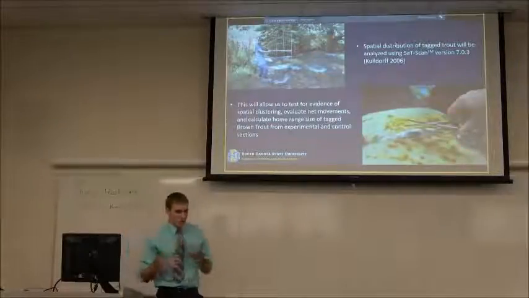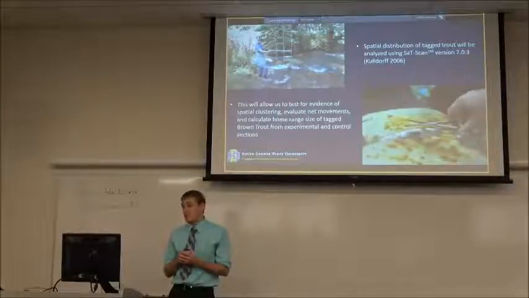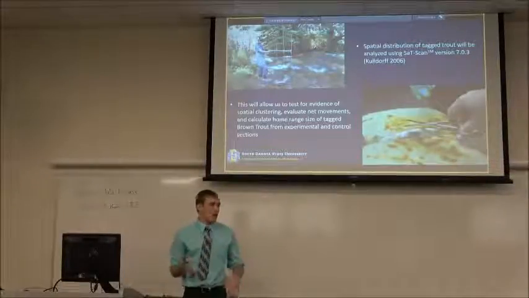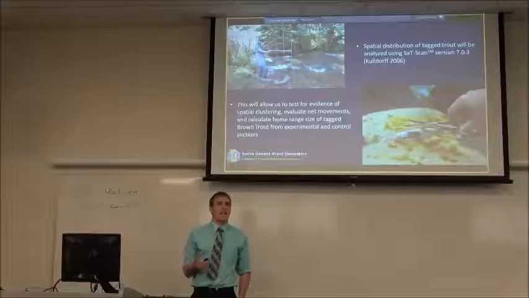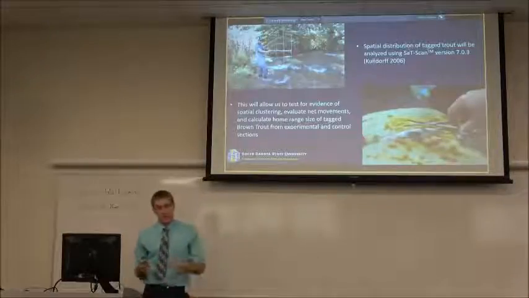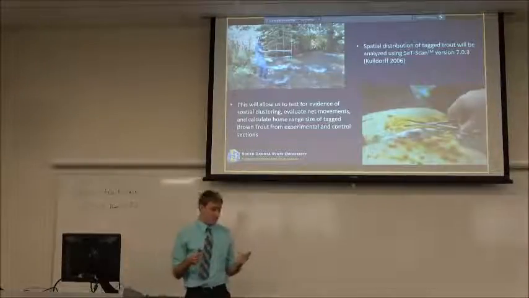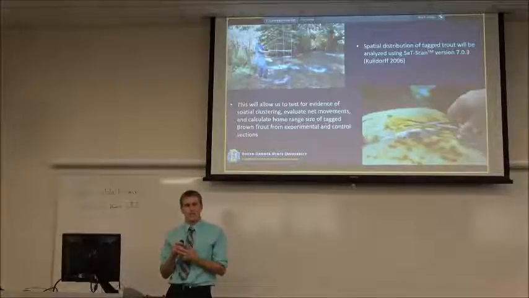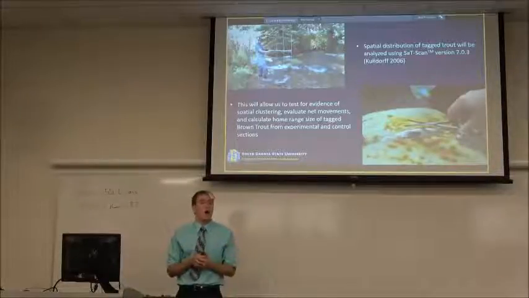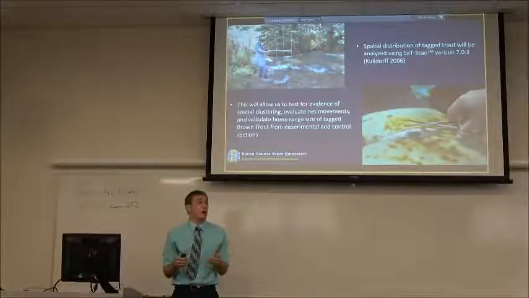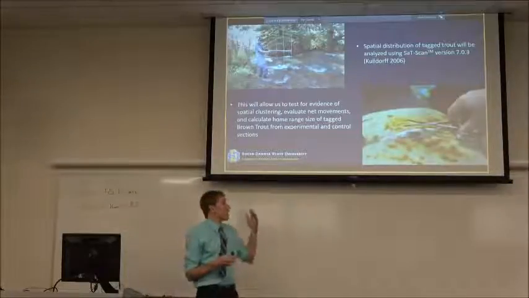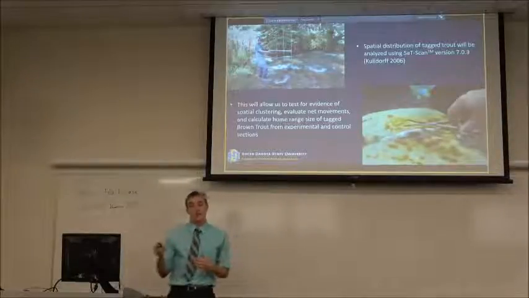So the spatial distribution of those trout locations is going to be analyzed using SaTScan. This is going to help us evaluate changes in net movement, spatial clustering, and calculate those home ranges. And then compare those metrics against our control sites and our experimental sites.